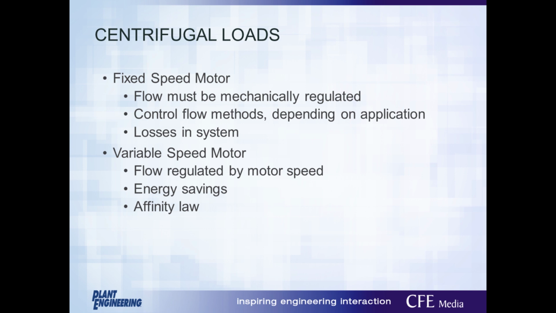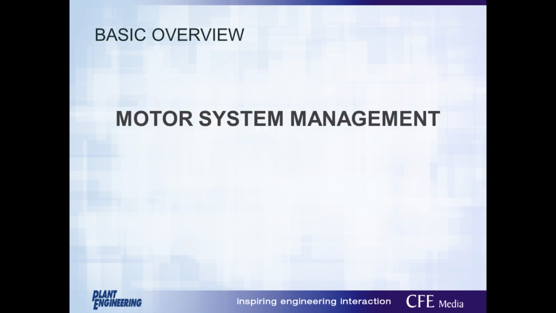However, if you can use a variable speed motor for the same system, the output air or liquid flow can be regulated by motor speed. This provides potential energy savings based on the affinity laws. And we'll be getting into some of that in a few minutes when we discuss variable frequency drives.